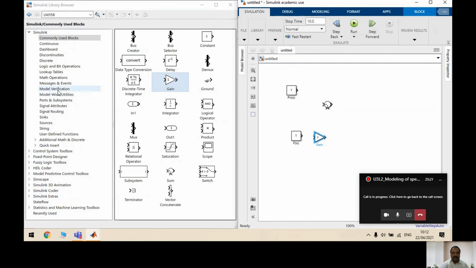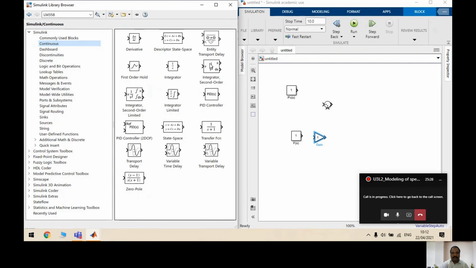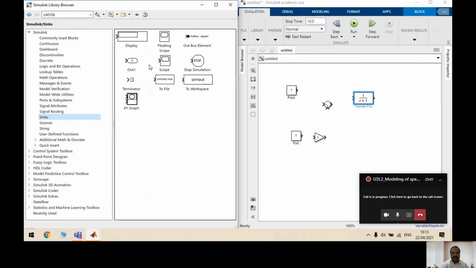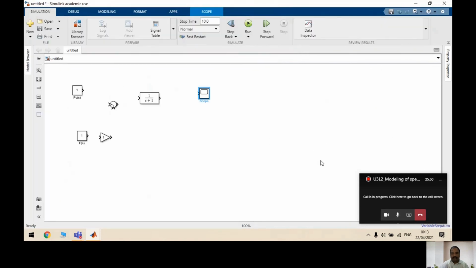You can find that in continuous. Here, you can see there are different types of continuous functions. So I am selecting a transfer function, and finally I am using a scope. This is my scope. So these are the components which I am employing right now to study the model of the speed governor.